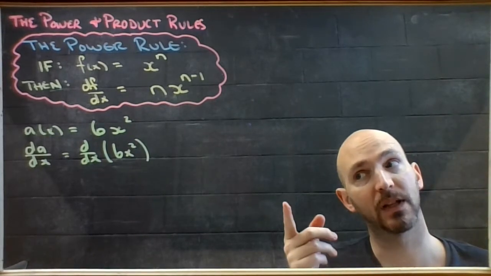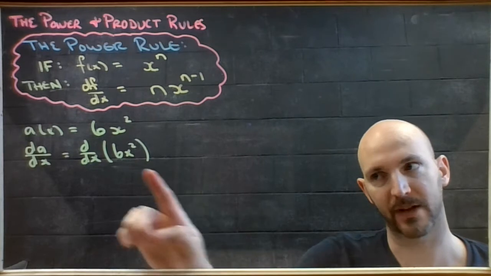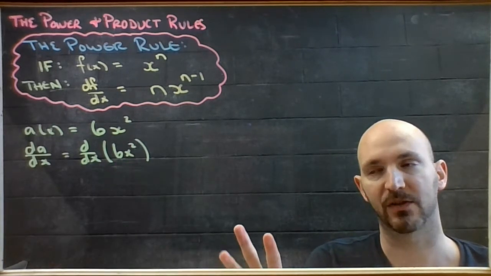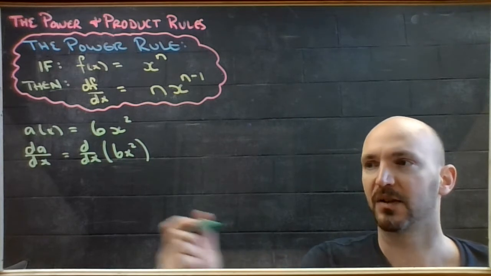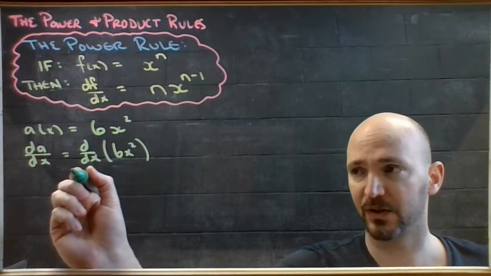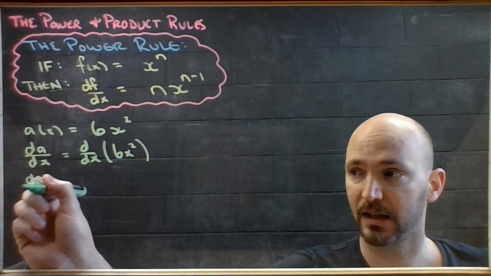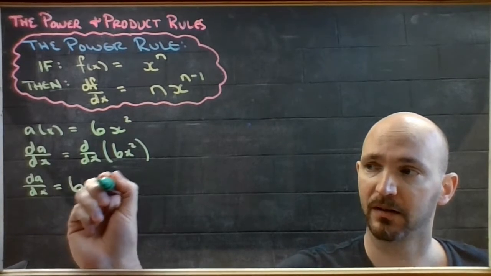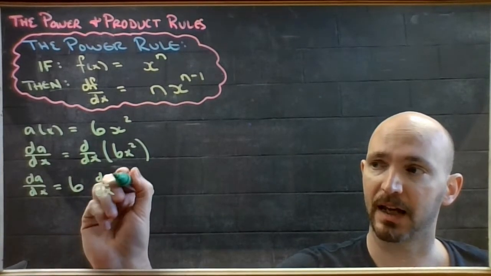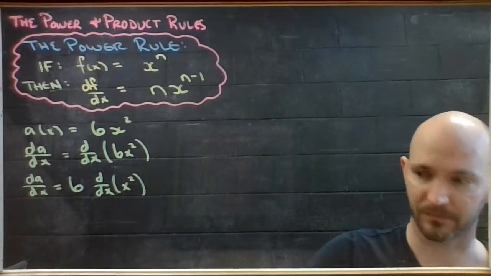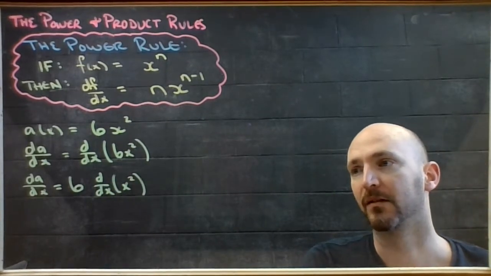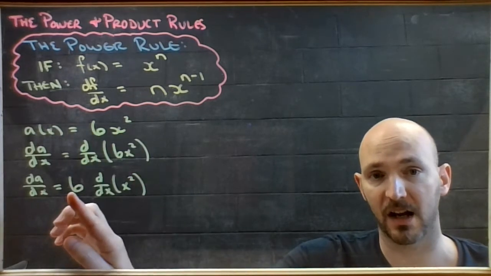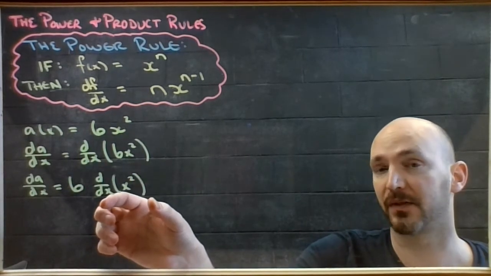Now, in one of the examples in the last video, we found out that a values just propagate through, that they don't actually disappear on you. So what this allows you to do is let that 6 pass right through the operator without anything happening to it. So the derivative of 6x squared is really just 6 times the derivative of the base function.